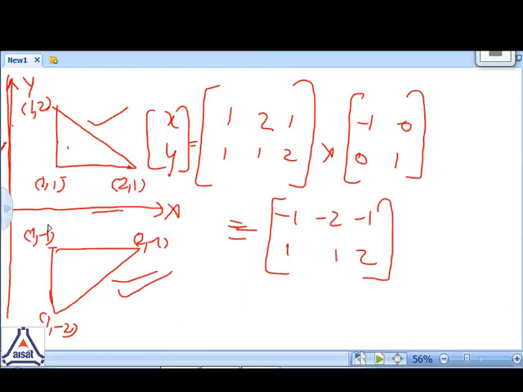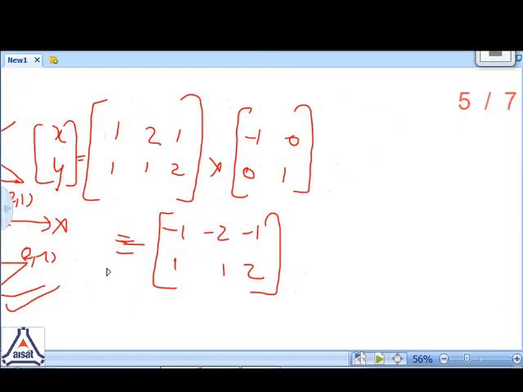So, the important thing is the reflection matrix. In the previous case, the minus sign was in the lower right, but in this example, the minus sign is in the upper left of the matrix, which shows that the x coordinate should be negative.